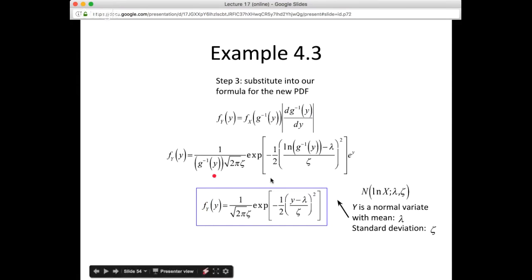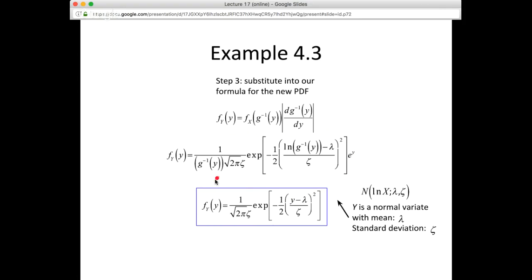So basically, this is going to be the PDF for x, where the random variable x is set equal to g inverse of y, which is e to the y. And you can see what's going to happen here: if I substitute e to the y in for the argument, the natural log of e to the y is just y. And then we've got e to the y down here, which is going to ultimately cancel with that e to the y there.